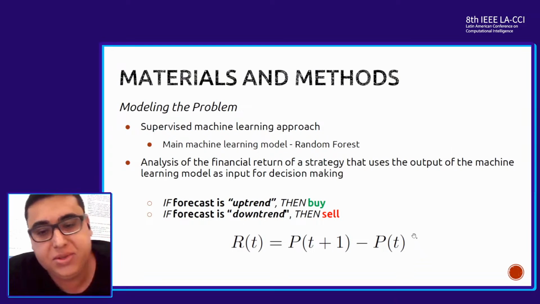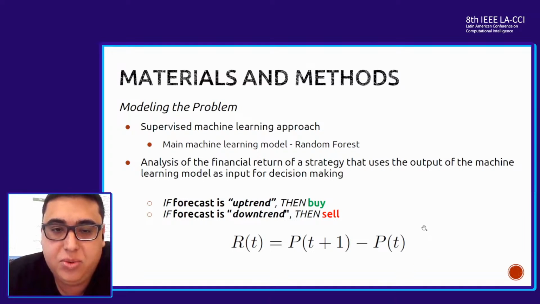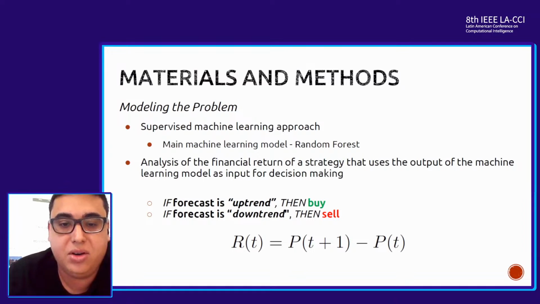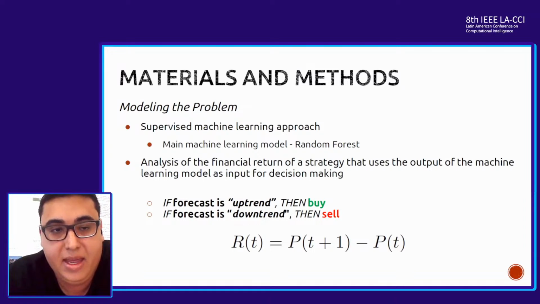To calculate the return, we use the same approach as for the trend: the price from tomorrow minus the price from today, so that we can trade. This is the return, and we use it to calculate the financial return of the strategy.